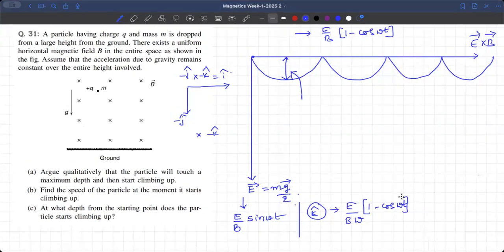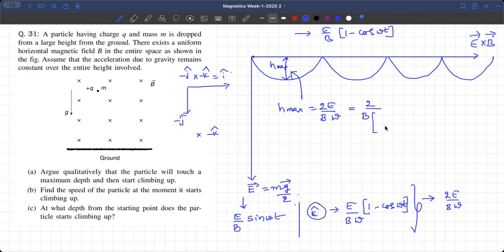What is going to be the maximum value of this term? The maximum value is going to be 2E by B omega. So therefore, H max is going to be 2E by B omega. Now we will do every transaction properly. What is omega? You already know. Omega is Bq by m.